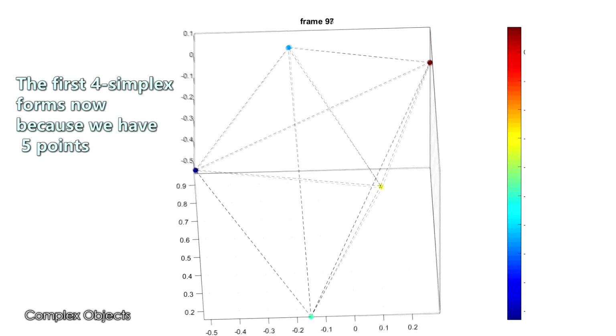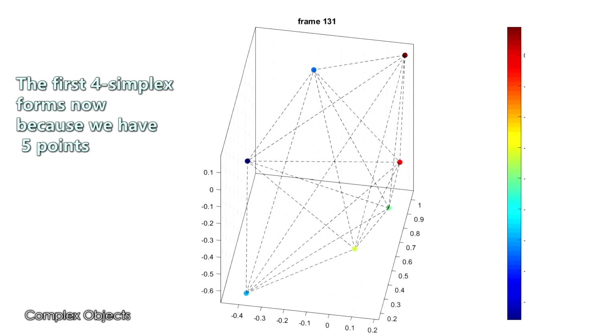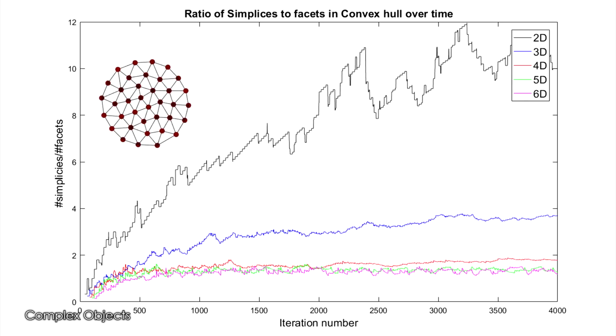So what I've done is I've just simply calculated the ratio of the interior, or the total number of simplices composing the object, over the number of surface facets or surface simplices. So it's kind of like a very rough way of trying to compute the volume to surface area ratio of this object. In 2 dimensions, you have a lot more interior triangles than you have lines on the perimeter.